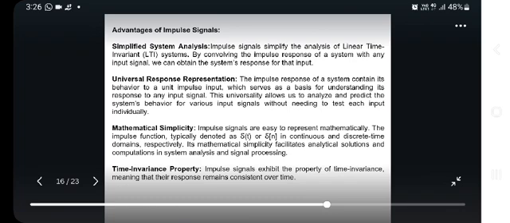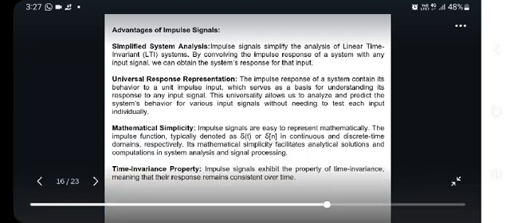This universality allows us to analyze and predict the system's behavior for various input signals without needing to test each input individually. Mathematical simplicity means impulse signals are easy to represent mathematically. The impulse function is typically denoted as delta of t or delta of n in the continuous and discrete time domains respectively.